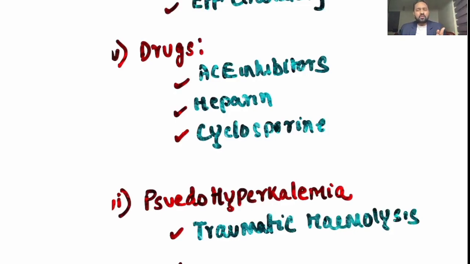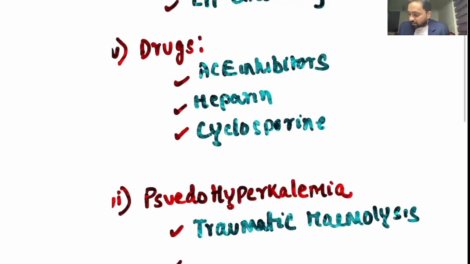It would be a common experience when you go for your internship that you have a traumatic hemolysis while drawing blood, and when the report comes you would find a high potassium content, but that is basically a pseudohyperkalemia, caused due to defective technique of drawing the blood.